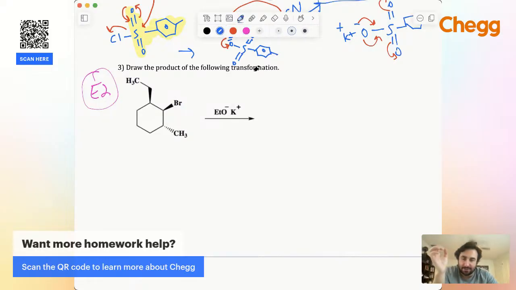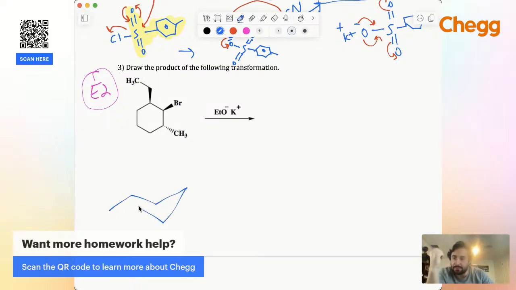Now, the thing is, when you're doing E2 on a cyclohexane derivative, you must draw the chair. You have to draw the chair so that you can see which protons are available for beta elimination. So let's draw this out here. I'm going to take this edgemost carbon as being the one with the bromine, and the bromine is up.